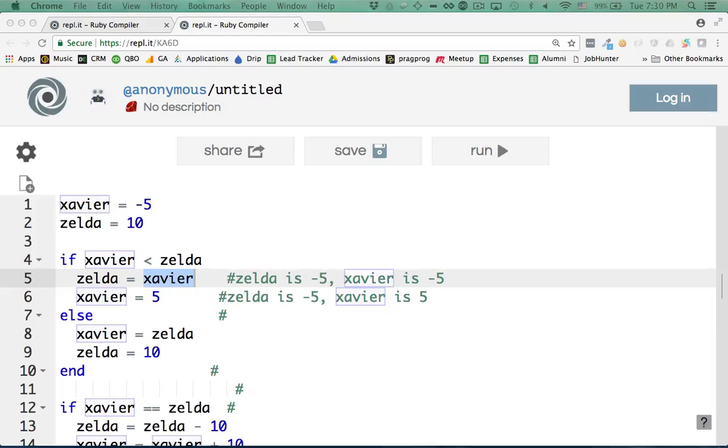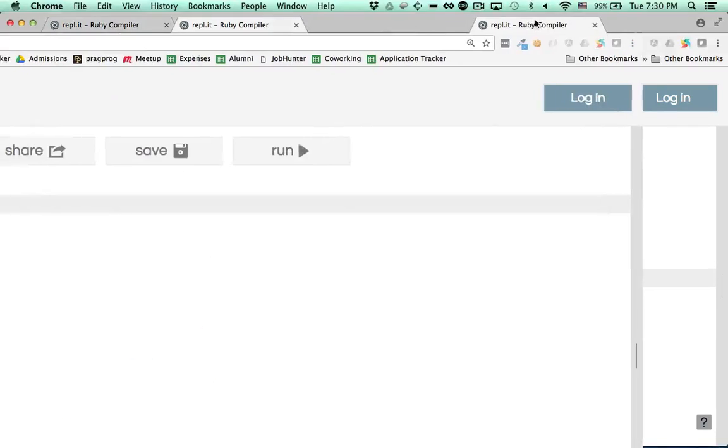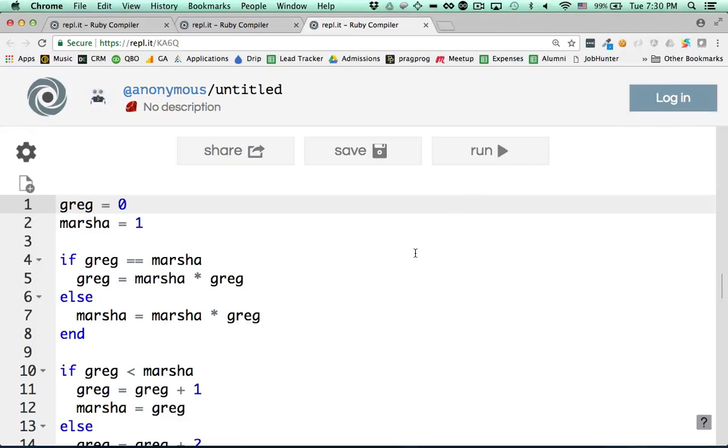So the variables here, not referring to any popular TV show from the 70s. We have 2 variables, Greg and Marcia. So use your comments throughout to indicate on every significant line what Greg and Marcia are as of that line. And then save it and Slack it to me.